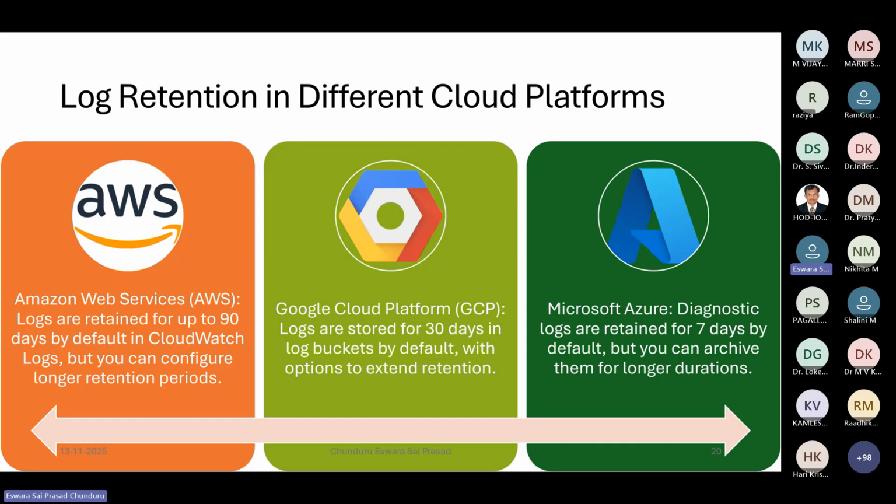That means, to escape the cost of the subscription, organizations can think of an alternative, a way around: they can download these default logs, that is, for the period of 90 days in the case of AWS, 30 days for GCP and 7 days for Azure.